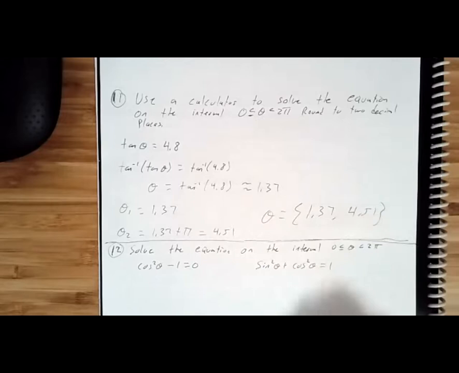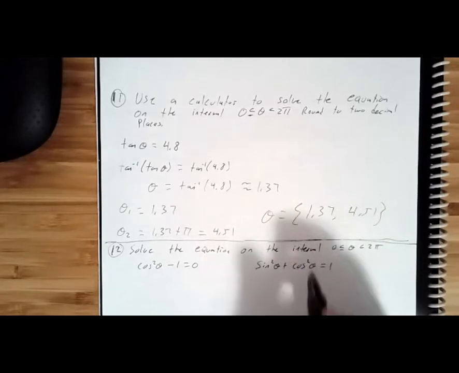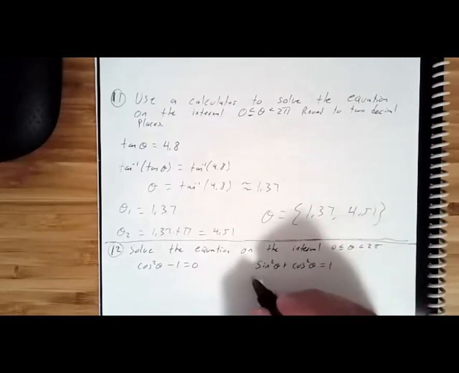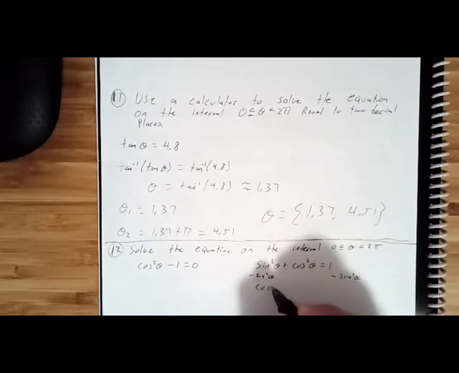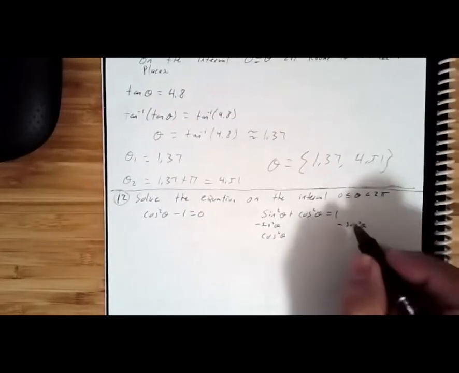Pythagorean. Right? So if I subtract by 1, try to make this look like this. It's almost there. So I'm going to move the sine over here by subtracting sine squared, and then I'm going to subtract in the next step by 1.